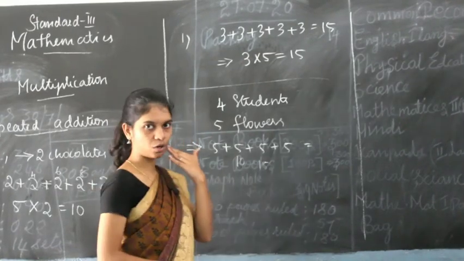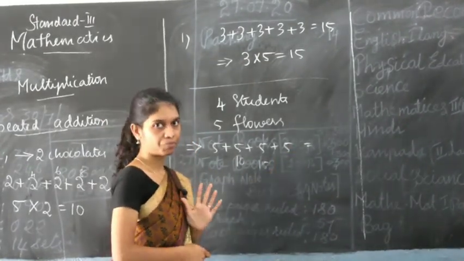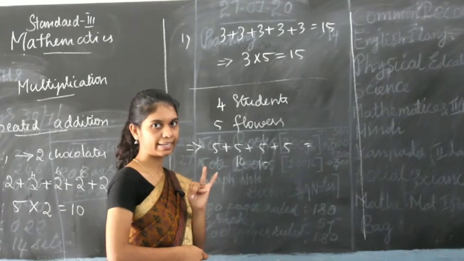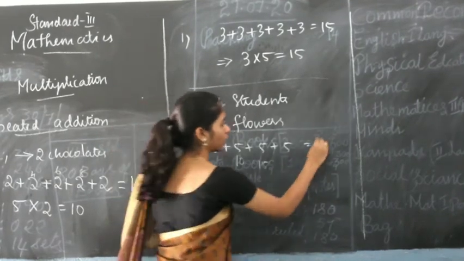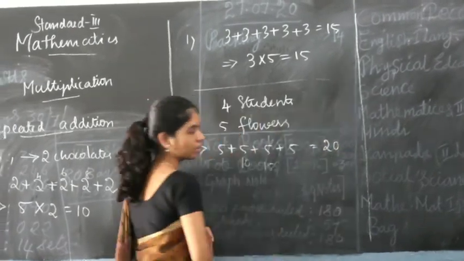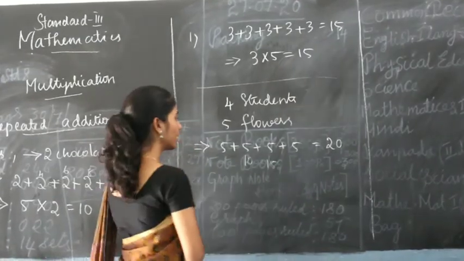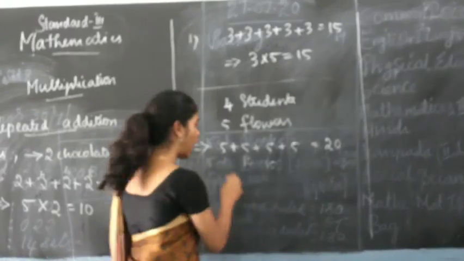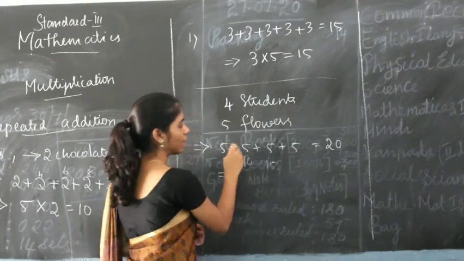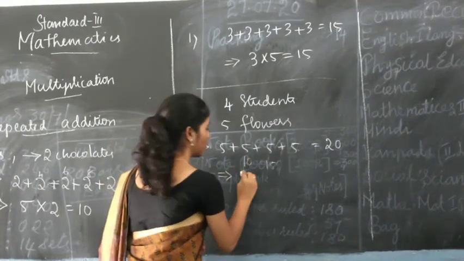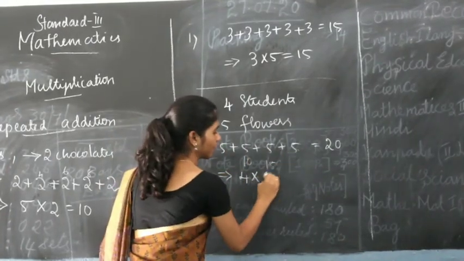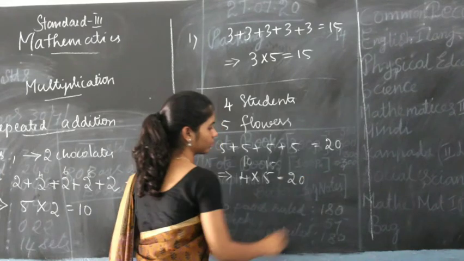Then 15 plus 5: 16, 17, 18, 19 and 20. So what is your product? The result is 20. In multiplication, you can write this as: there are 4 5s, so 4 into 5 is equal to 20.